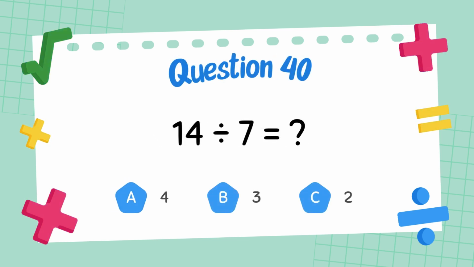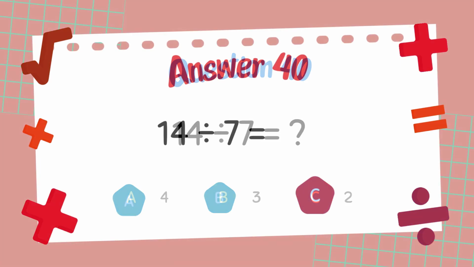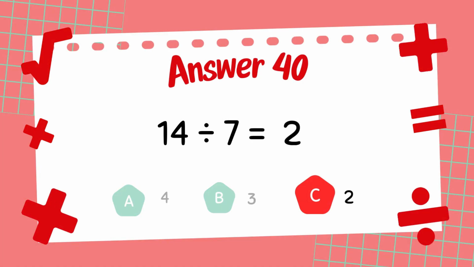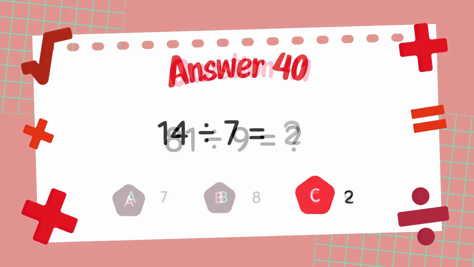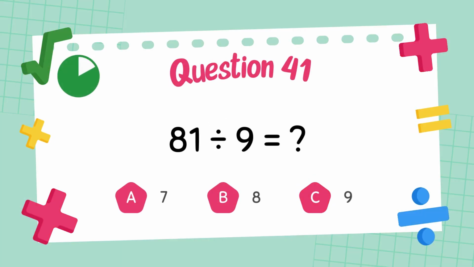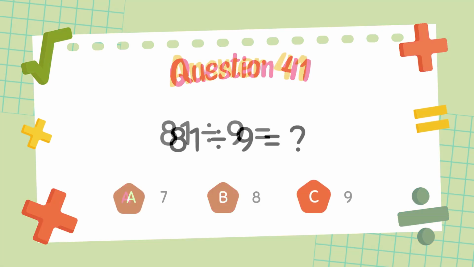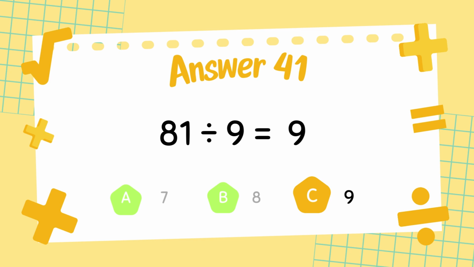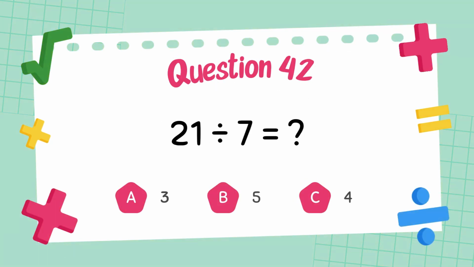What is 14 divided by 7? The answer is 2. What is 81 divided by 9? The answer is 9. What is 21 divided by 7?